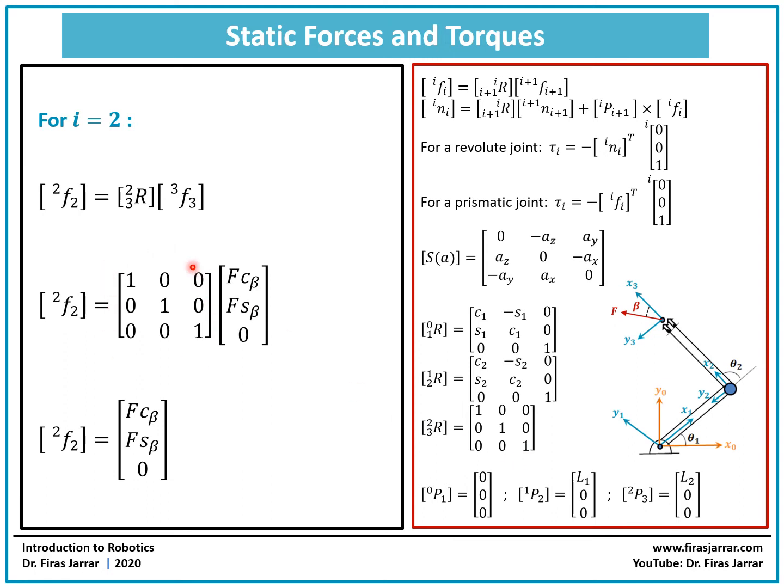And F3 is the force vector acting at the end effector expressed in frame 3. And we can see that it will have one component in the x3 direction, which is F cosine beta, and a component in the y direction, F sine beta, and no component in the z direction. So if you multiply this vector by the identity matrix, it will just be the same vector.